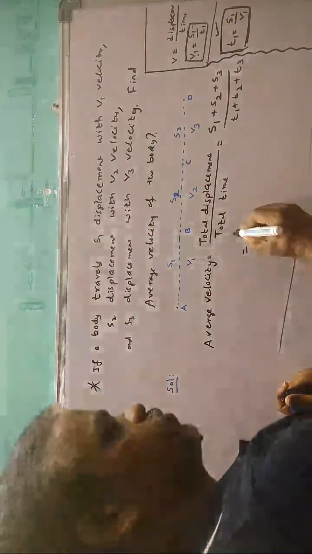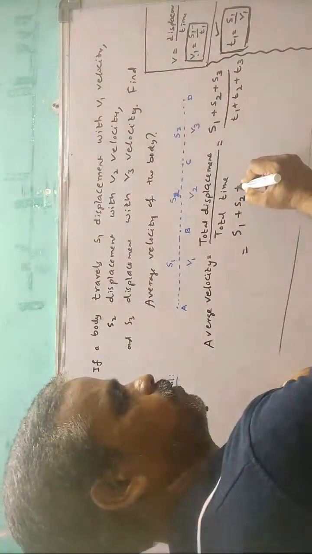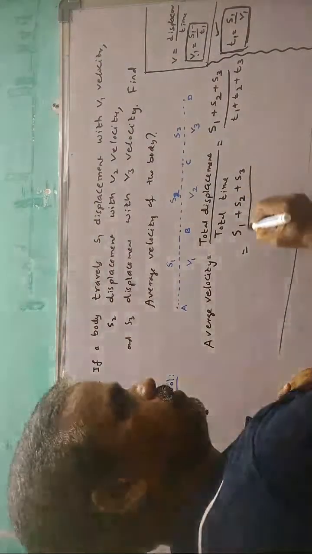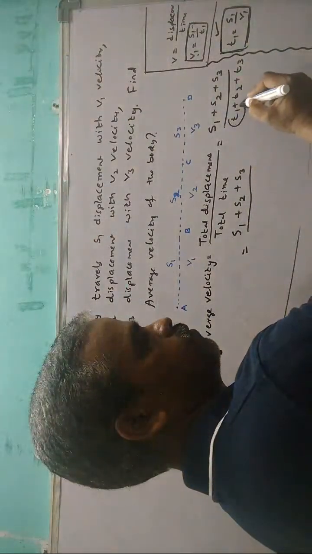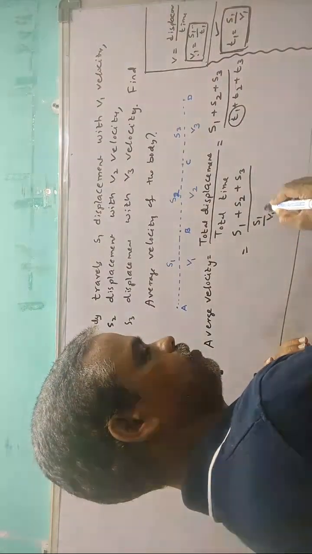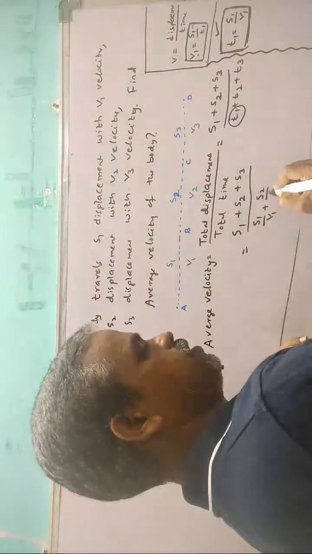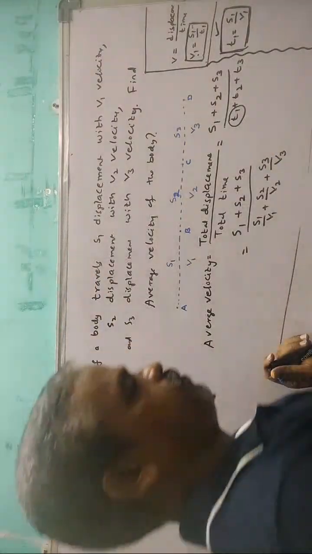So what I am doing here: S1 plus S2 plus S3, then instead of T1 we can write S1 by V1, S2 by V2, S3 by V3.